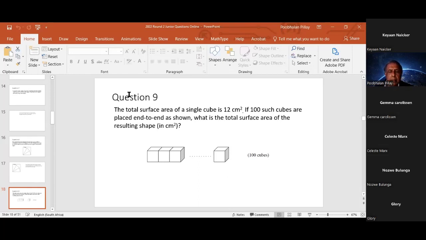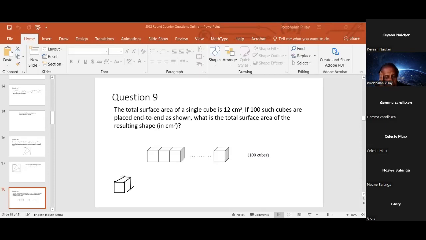So when you got a single cube, if I draw a cube there like that, now a cube has got 6 sides, all identical, right?